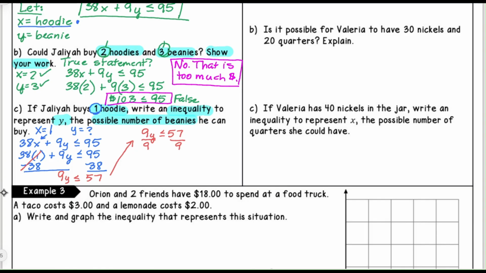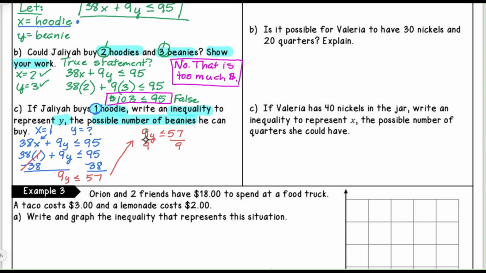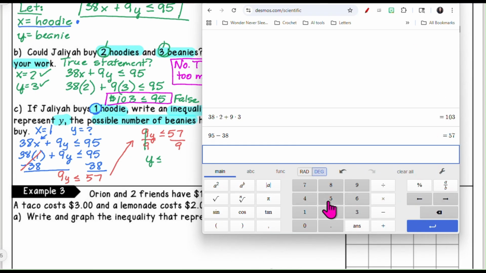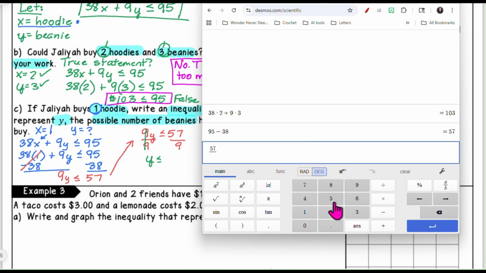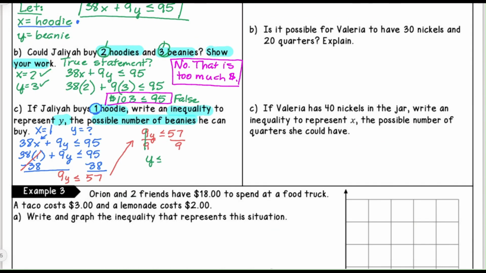This is going to cancel here, and I got y is less than or equal to 57 divided by 9, and that's going to give me 6.33333333.